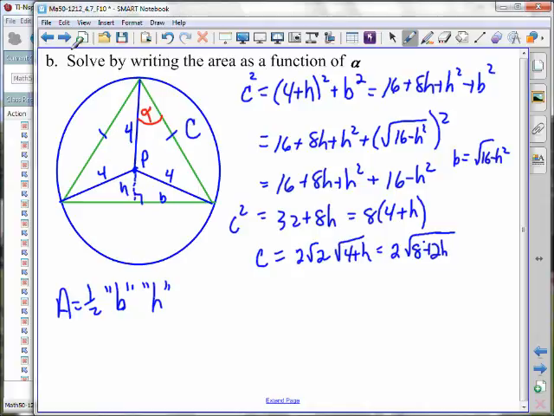But see, I want this in terms of theta. Okay, I got to get theta in there some way. How can I put theta in this problem? Are you thinking what trig function would involve this side and this side?